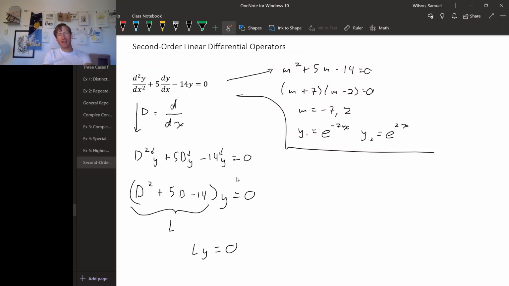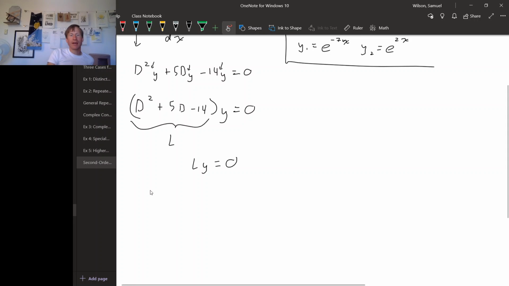Okay, well, what does this have to do with solving this sort of equation? It seems like it's just a notation trick at this point. Well, the idea here is L is sort of a polynomial where the variable isn't a variable, it's actually the differential operator D. So L is D squared plus 5D minus 14. And since it's a polynomial, we can factor it.